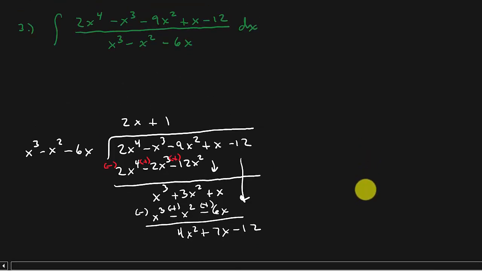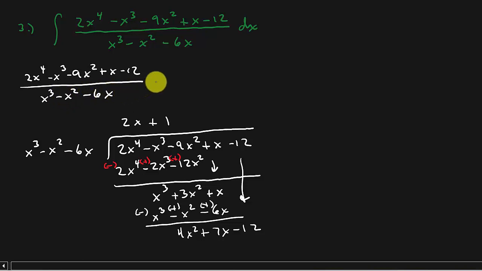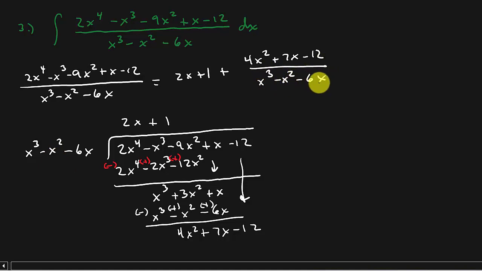And so the answer to this is 2x to the fourth minus x cubed minus 9x squared plus x minus 12 over x cubed minus x squared minus 6x, which is equal to the quotient, 2x plus 1, plus the remainder, 4x squared plus 7x minus 12 over the divisor, x cubed minus x squared minus 6x. So that's doing the long division.